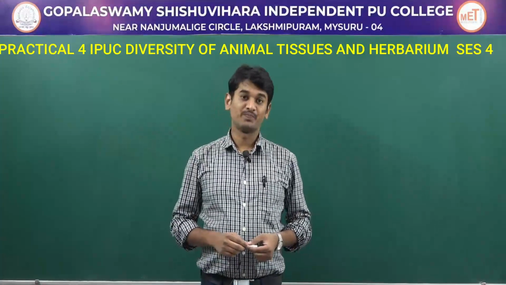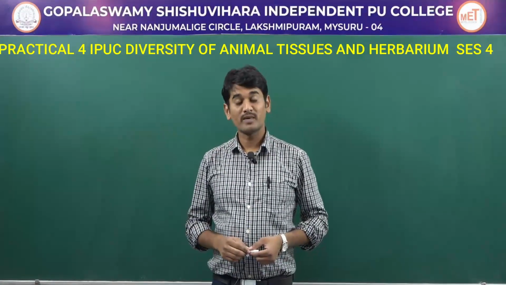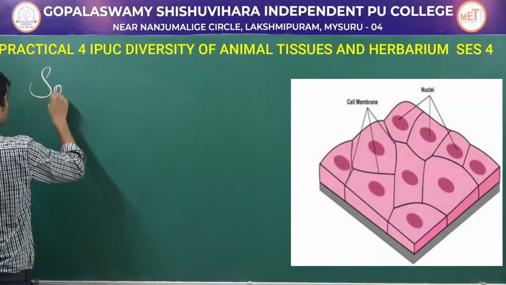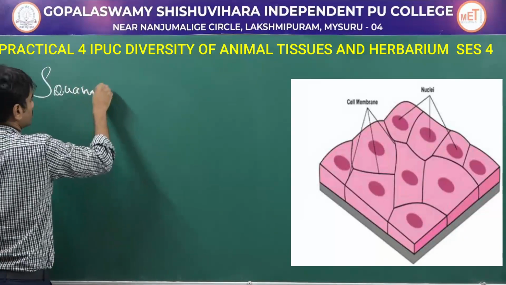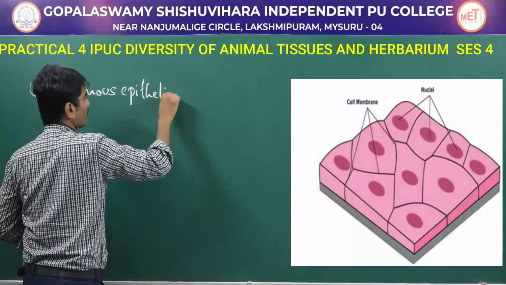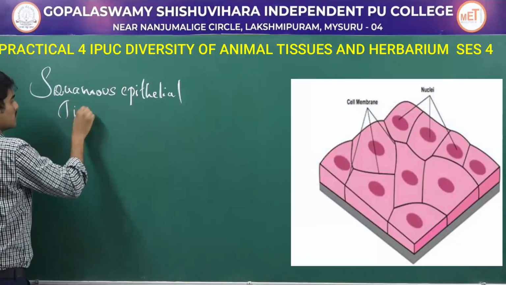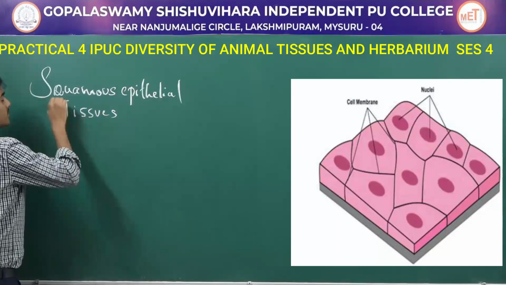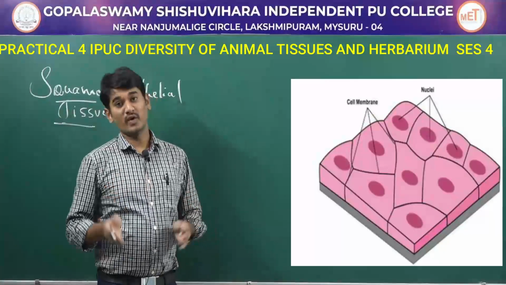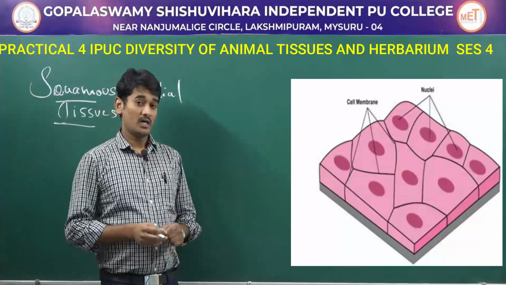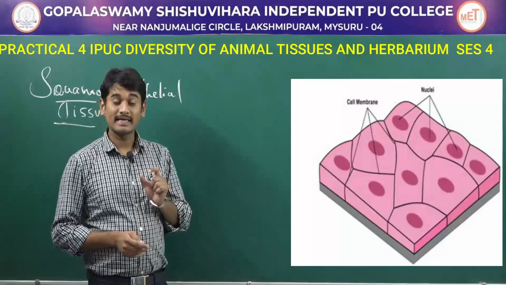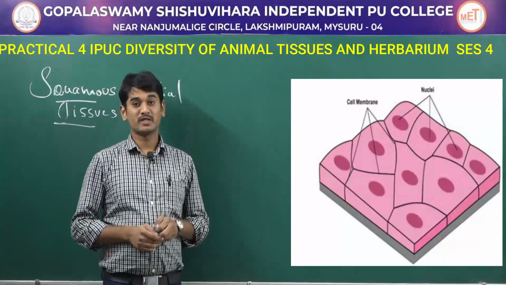Diversity of animal tissue. The first one is squamous epithelial tissue. Squamous epithelial tissues form a covering of the body, and the cells are thin, flat and single layered, arranged on the basement membrane.